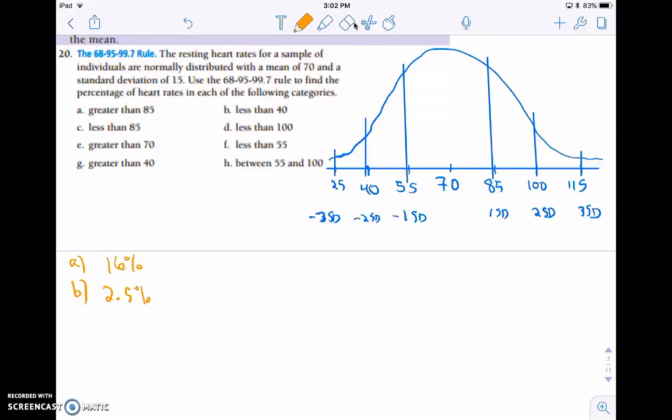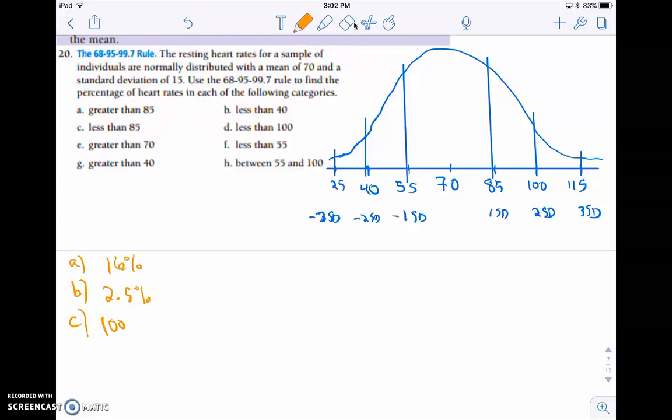Okay, next one, C. We want to know less than 85. Now, we already found greater than 85 to be 16%. So if we just look at what's called the complement of that, if we know that above 85 is 16%, then we can take 100% minus that 16% to get how much is below there.